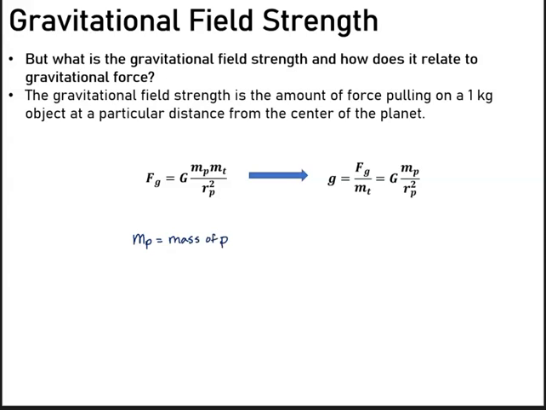It could be the Earth. m_t is the mass of my test object. And r_p is the radius of the planet.